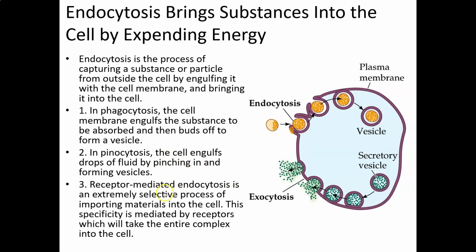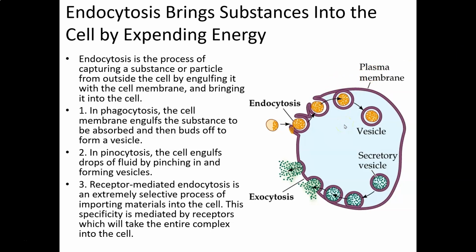You can also have receptor-mediated endocytosis. That's an extremely selective process where a substance binds to a receptor. Remember, it's a receptor, so it has what three properties? Specificity, competition, saturation. So that's why it's selective. It has to have the right fit.